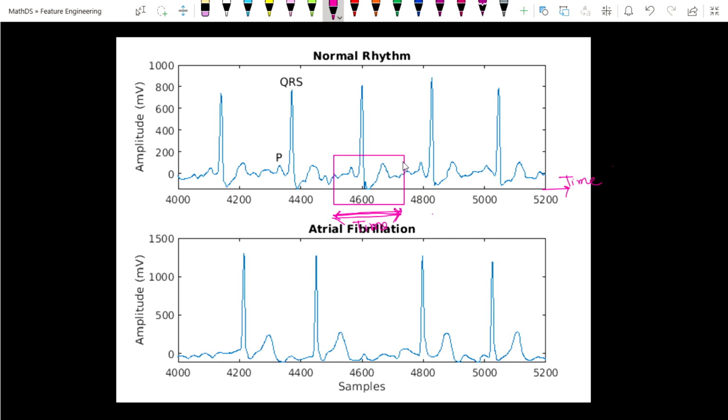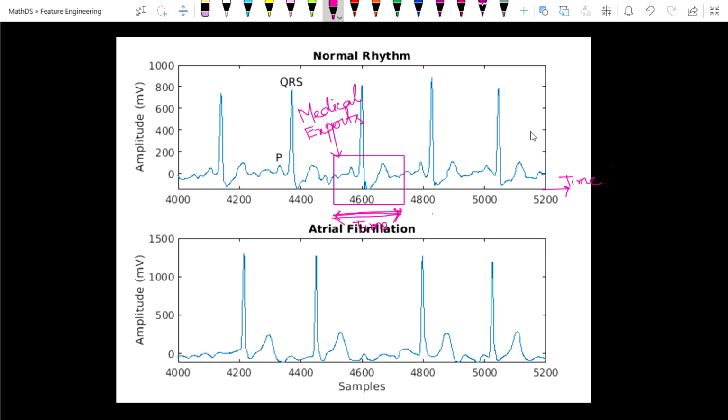So first, based on the medical expert's decisions, we have to decide how much window width, how much time interval will be better for taking these decisions. These decisions are taken by the medical expert.